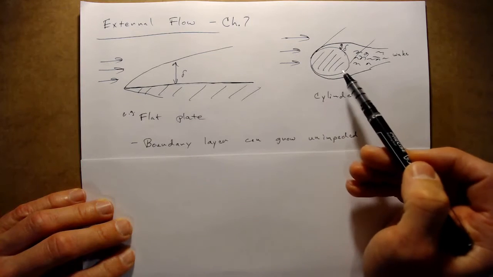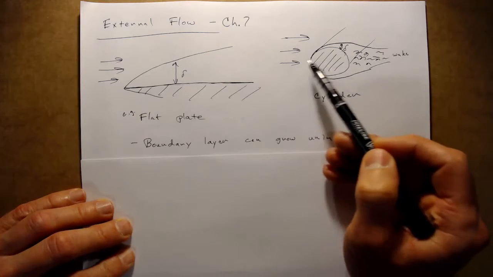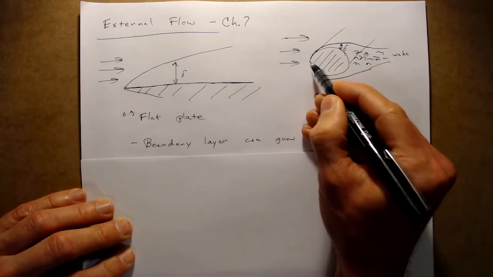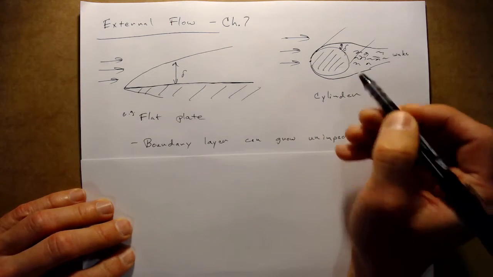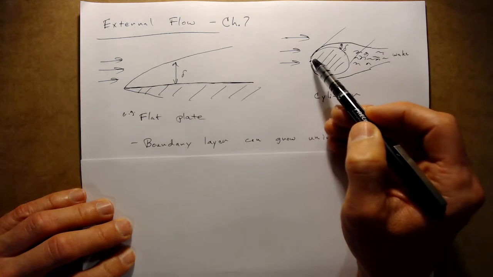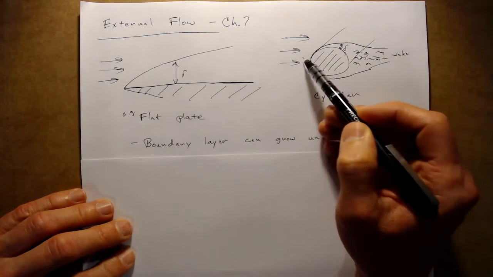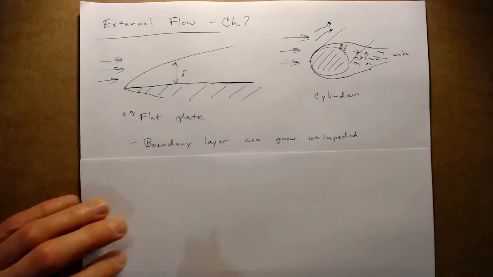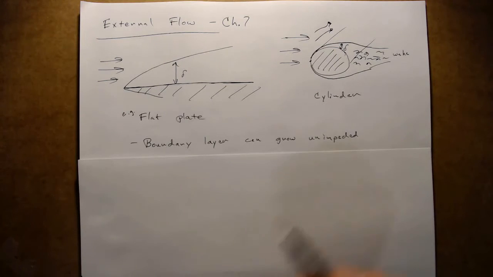If a cylinder is introduced into a flow, then that flow stagnates at a point on the cylinder. You've studied this in fluid mechanics. And as we move around that cylinder, the flow has to change direction in order to navigate around this cylinder.